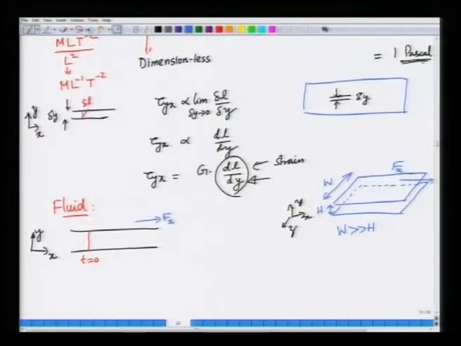So, now what we are going to do in this discussion is to look at the evolution of this colored line as a function of time when the force is being applied on the top plate, and as before the area of the top plate is A. Now, let us imagine that after a time delta t, we look at this line.